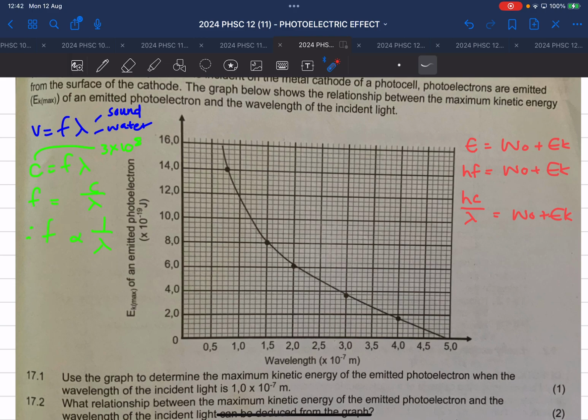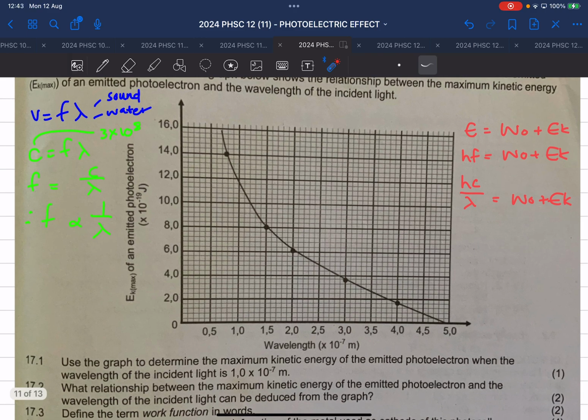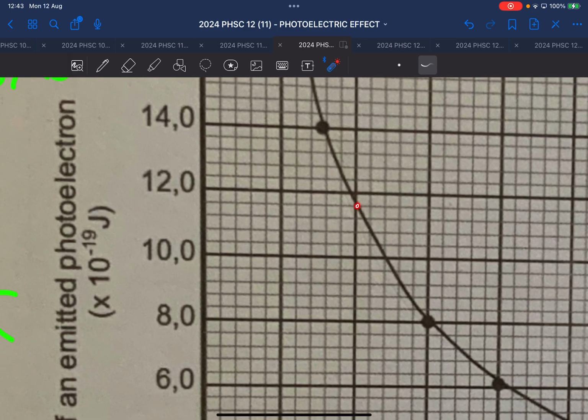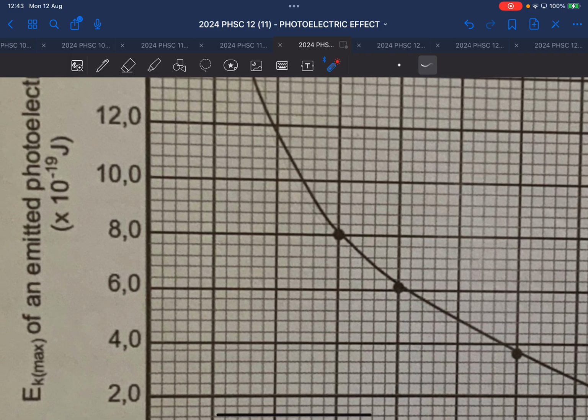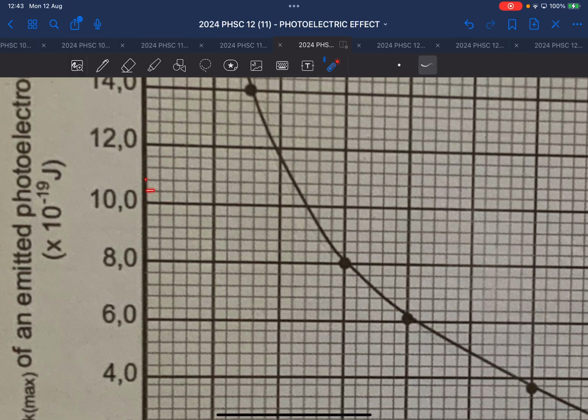My mind is ready. Okay, next thing they say: use the graph to determine the maximum kinetic energy of an emitted photoelectron when the wavelength of the incident light, the light coming in, is that. So when the wavelength is just before 12, what are you going to do? You're going to say here's 1, 2, 3, 4, 5 lines.